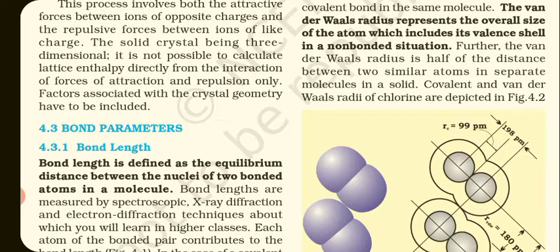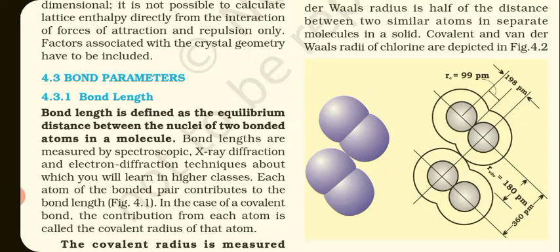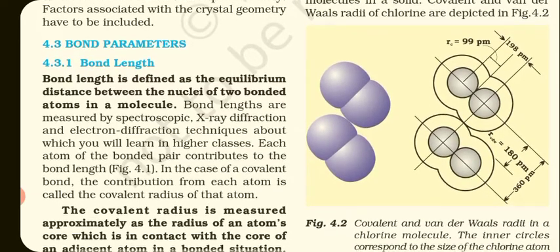Further, the van der Waals radius is half of the distance between two similar atoms in separate molecules in a solid. Covalent and van der Waals radii of chlorine are depicted in figure 4.2.